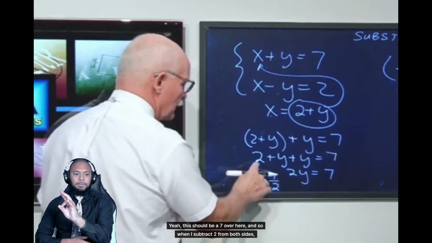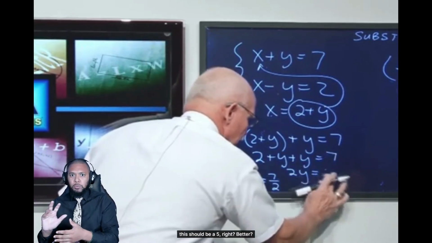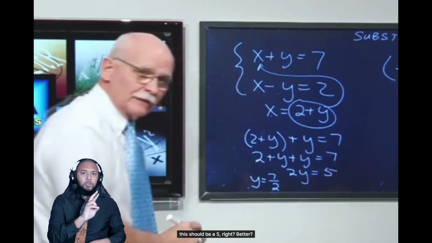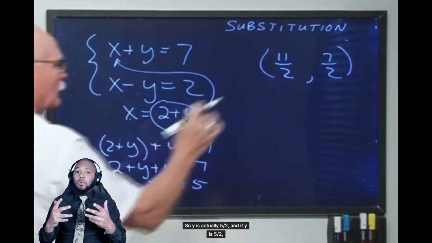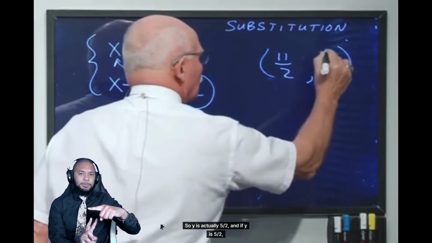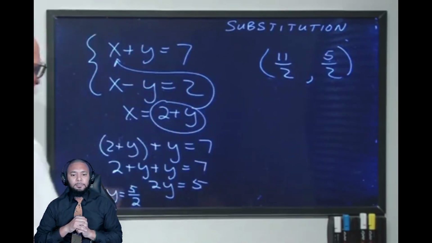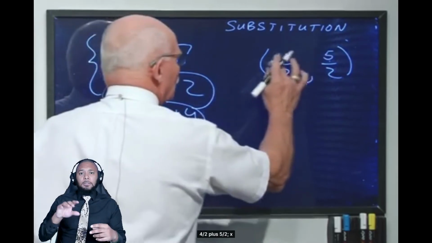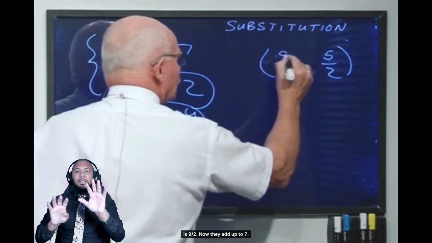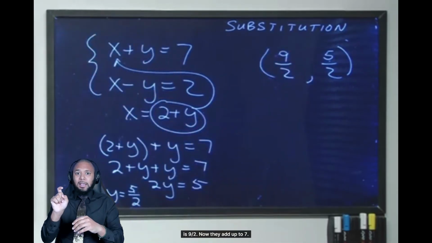And so when I subtract 2 from both sides, this should be a 5, right? Better? So y is actually 5/2. And if y is 5/2, 4/2 plus 5/2, x is 9/2. Now they add up to 7.